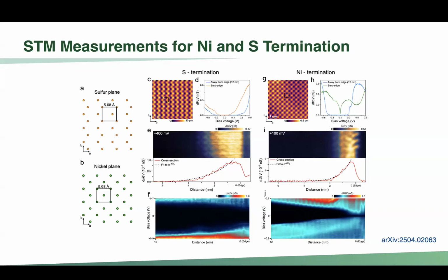And this is the nickel termination, where we can see how the nickels form this square lattice. So if we apply the STM, it happens that at the sulfur termination, we see nothing. And at the nickel termination, we see a small peak. And the blue lines correspond to the tip getting into the bulk.